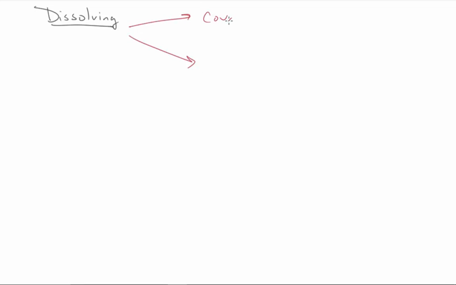The first would be what happens when covalent compounds dissolve, and the second would be what happens when ionic compounds dissolve, because there's actually two different things that occur at the molecular level, and they are different enough that we want to distinguish and understand the difference in energies and the difference in what's going on so that we can understand why different things dissolve the way that they do, all right?